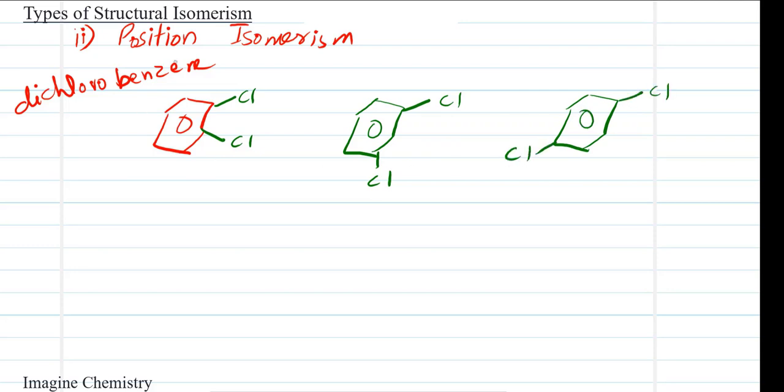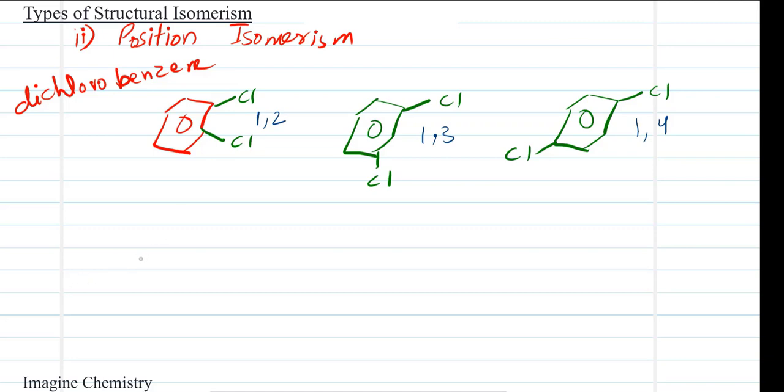So 1,2-dichlorobenzene, 1,3-dichlorobenzene, and 1,4-dichlorobenzene, they are positional isomers. And the difference between them is not in the carbon skeleton, rather, the difference is in the position of the substituents or the functional groups that are attached. So here their relation is 1,2, here their relation is 1,3, and here their relation is 1,4.